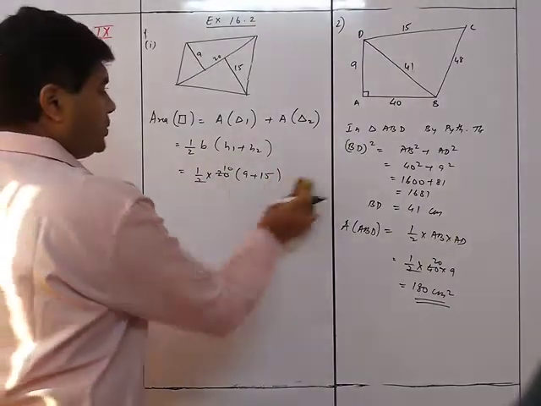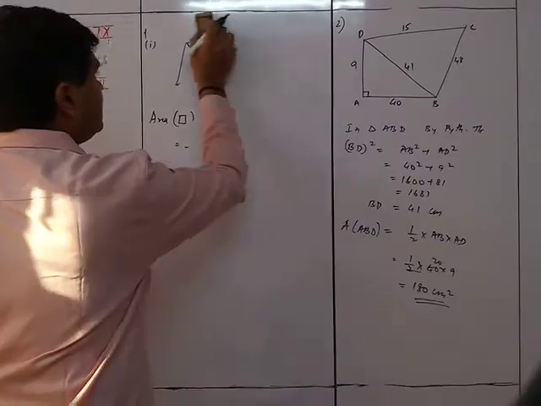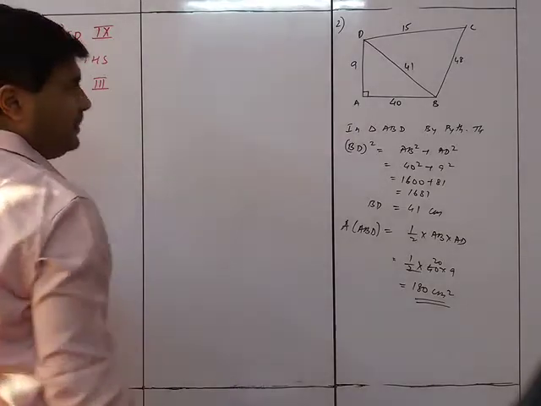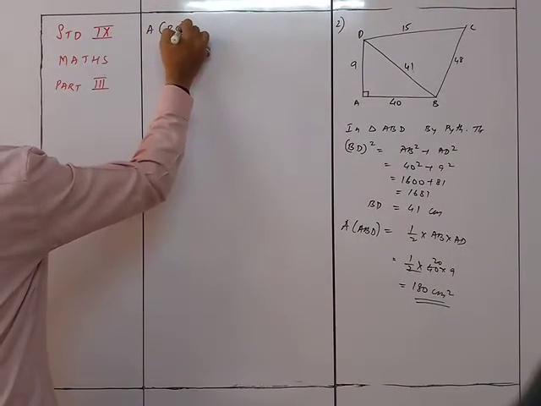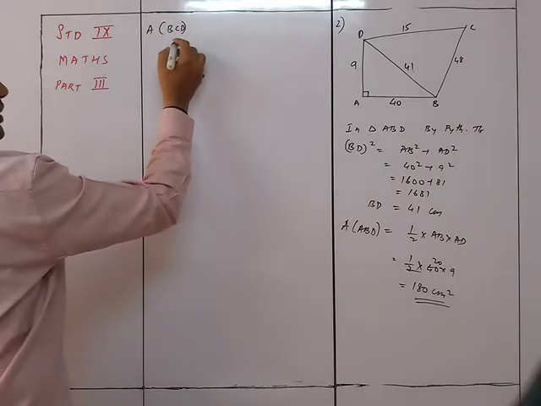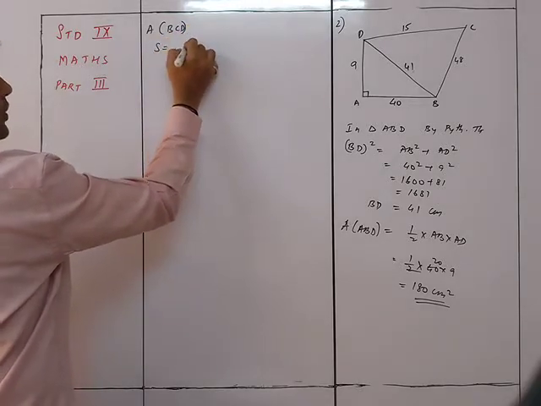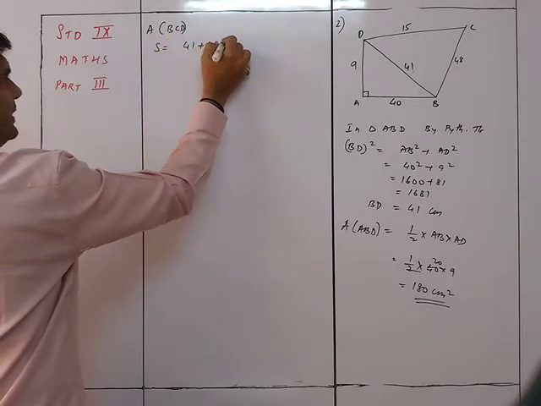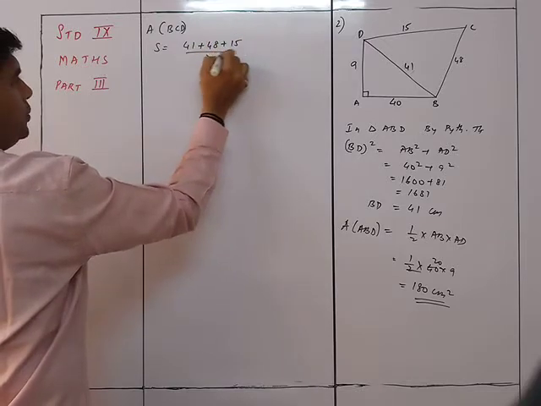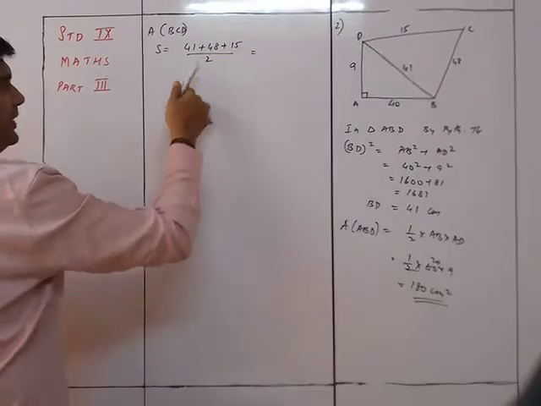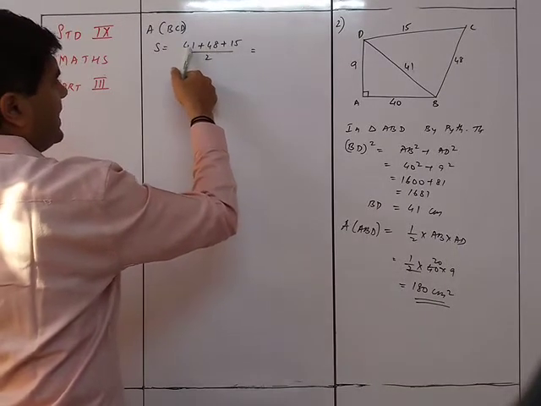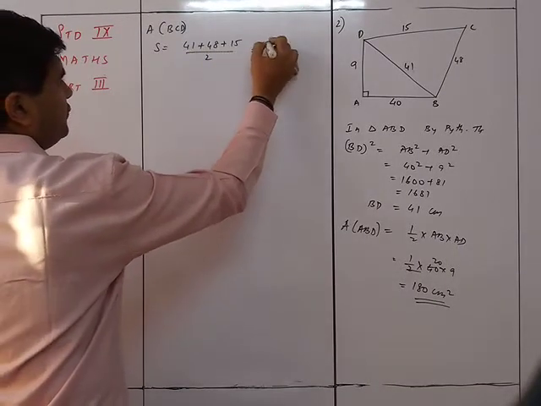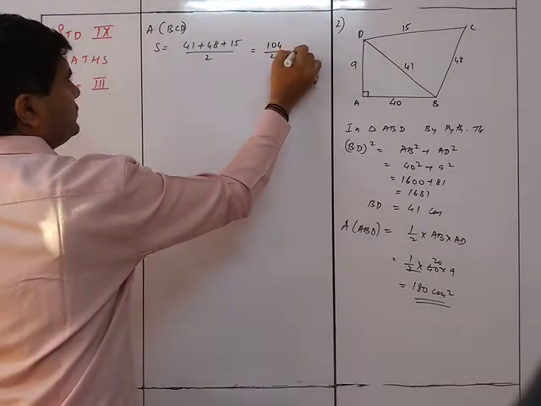We now move on to the area of BCD. For area BCD, we are going to use Heron's formula. So S is equal to (41 plus 48 plus 15) upon 2. That is 104 upon 2, which is 52.